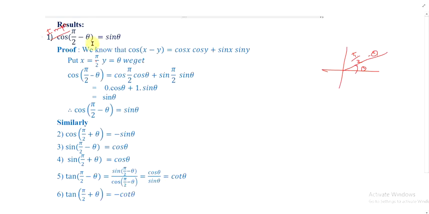Only we have to consider the sign according to the position of theta. That is, we first have to determine in which quadrant theta lies, and according to that quadrant we decide its sign, either positive or negative, isn't it?